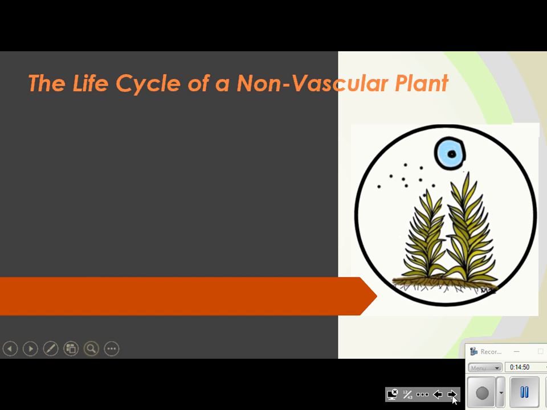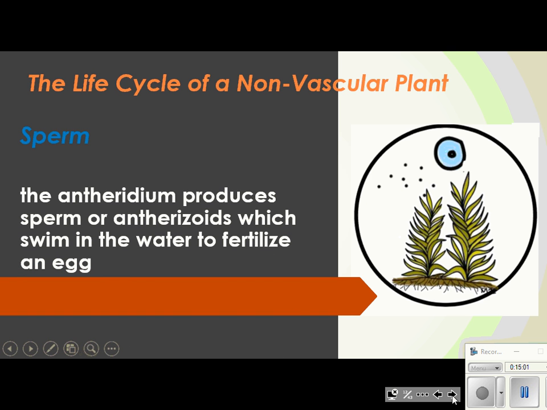So find this picture right here. It is a picture of the sperm. The antheridium produces sperm or antherozoids which swim in the water to fertilize the egg.